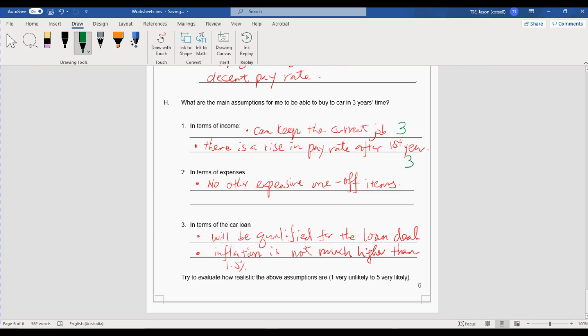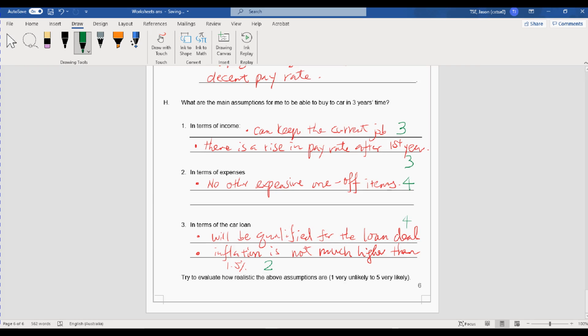No other expensive one-off items should be 5, because I guess your parents will cover if there are some expensive one-off items. Will be qualified for the loan deal, it depends on you. If you have good enough money in your account, then possibly yes. Inflation is not much higher, I think that should be 2. I made a mistake: 5 is very likely, so 4 is correct, and this one should be 2.